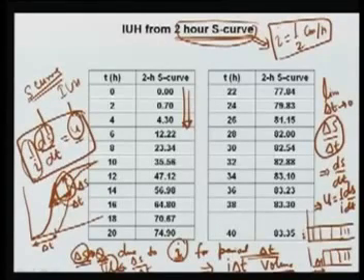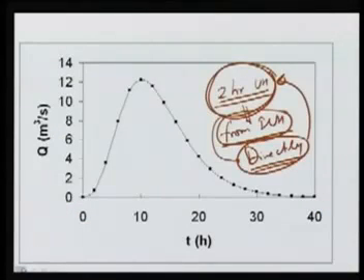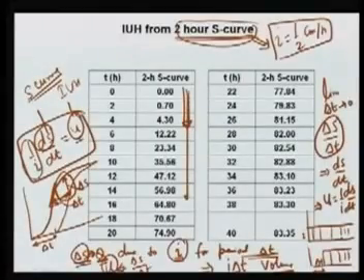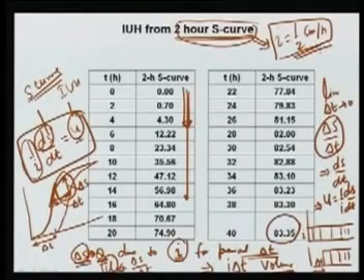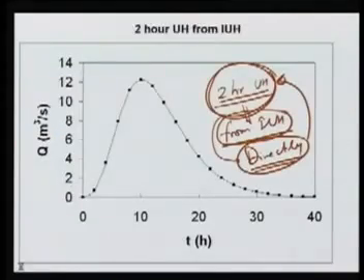So the procedure is obtaining the S curve first. The S curve, of course, is very easy to obtain because once you have the 2-hour UH, we have already seen how to lag them by 2 hours, add them up, and then get the 2-hour S curve. So in this case, by doing that, we have obtained the 2-hour S curve ordinates. Maximum value of 83.35, which corresponds to intensity half centimeter per hour over an area, which in this case is given as 60 kilometer square.